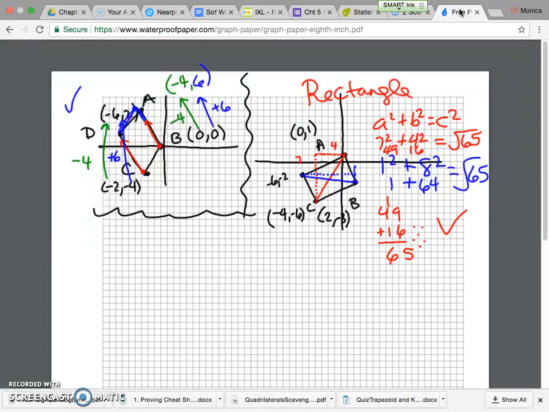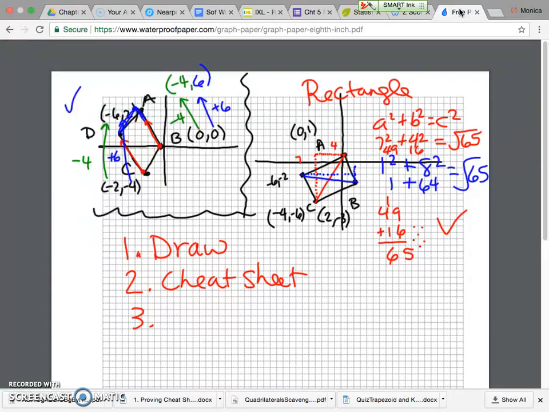Now you're going to move on to the third problem. Go ahead and work these using your cheat sheet. Remember, it says prove that the quadrilateral is a rhombus. Step 1 is draw. Step 2 is cheat sheet.